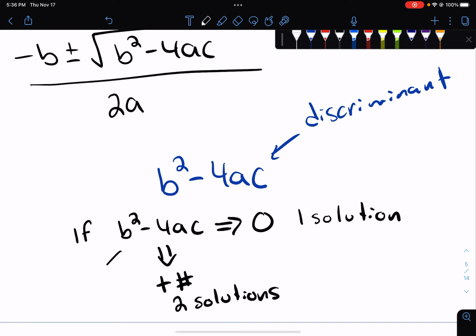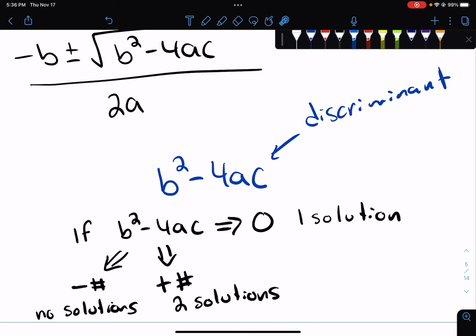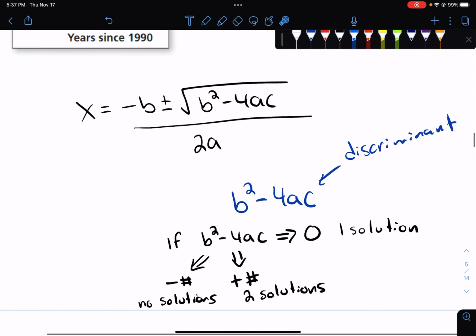And if b squared minus 4ac is a negative number, so if I'm trying to take the square root of a negative, that means no solutions. And I want you to write this in your notebook. I want you to copy this down, because about half the homework questions, that's all you have to do. You don't have to use the entire equation. You can just use that part of the equation, all right?